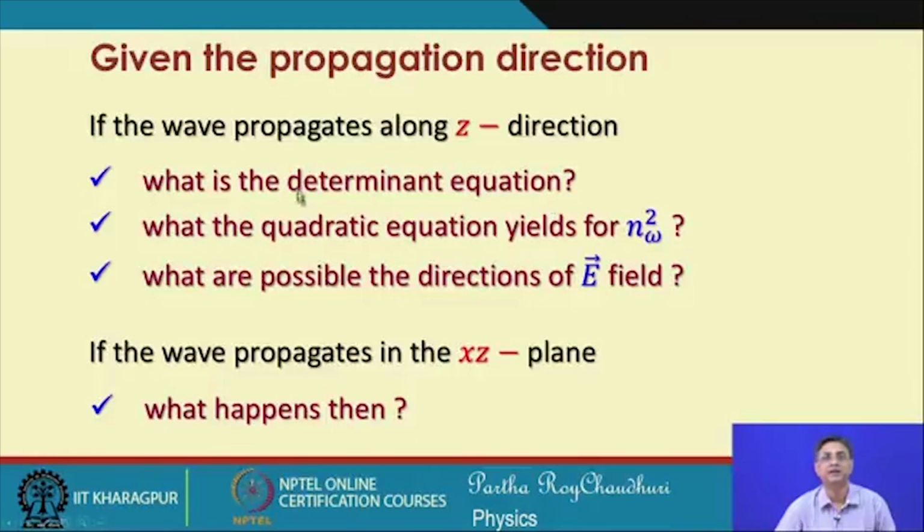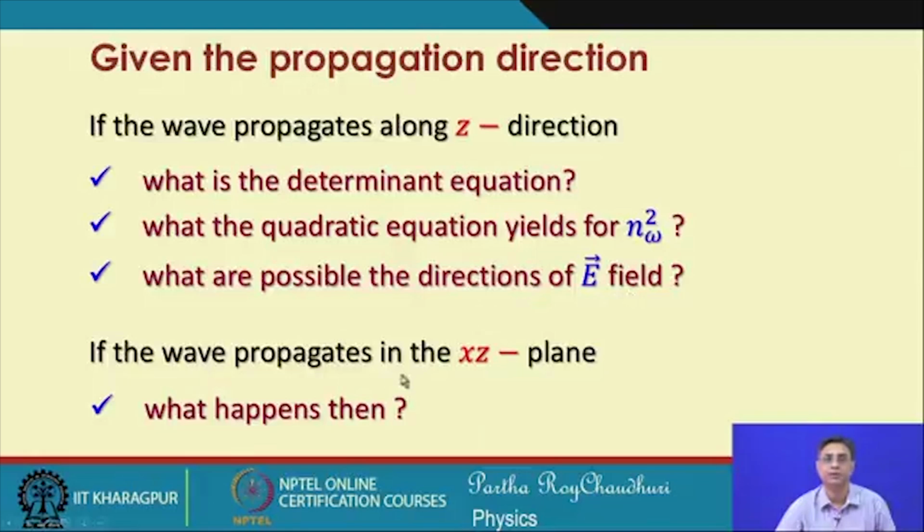So, in that case, mathematically, what will be the quadratic equation that gives you n omega square? If I can find out the n omega values for this particular direction of propagation, then we should be able to find out the direction of electric fields.